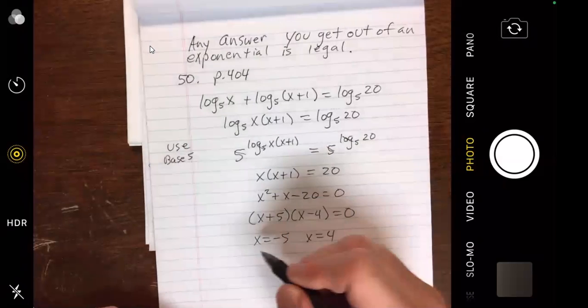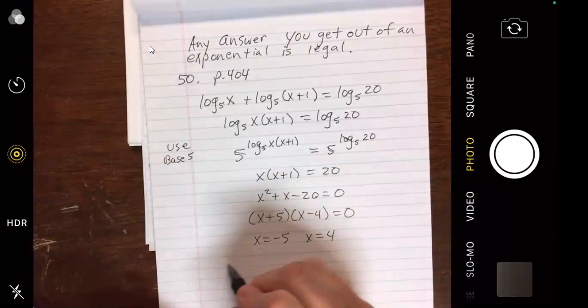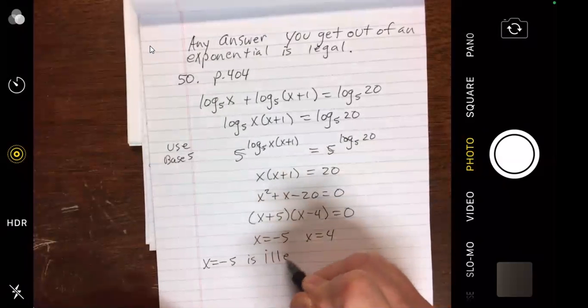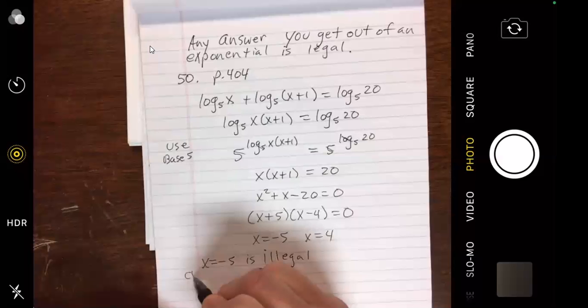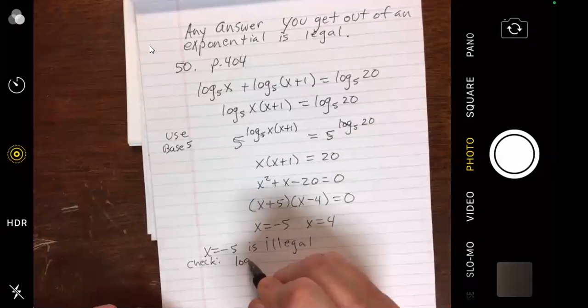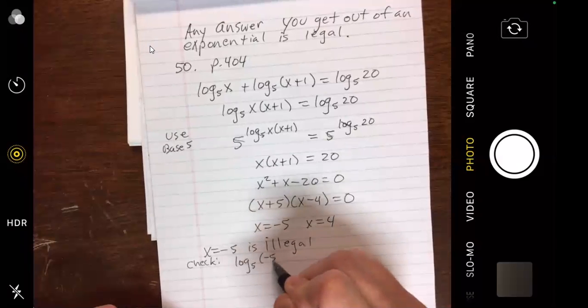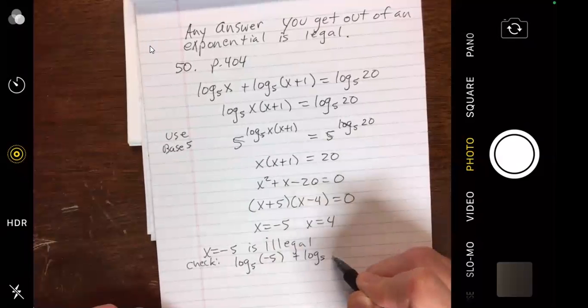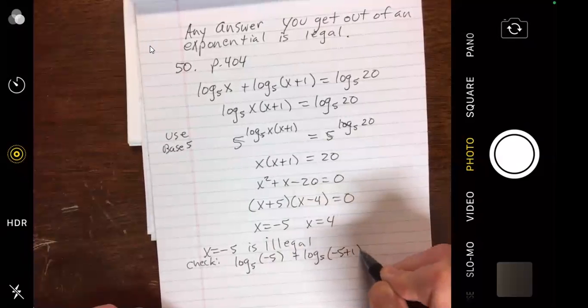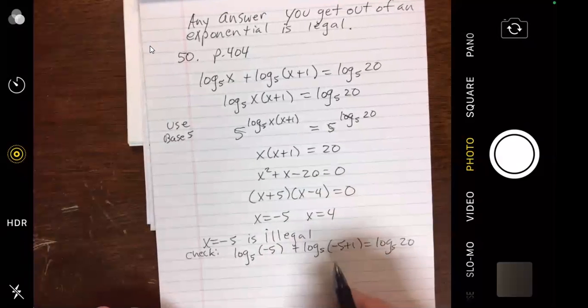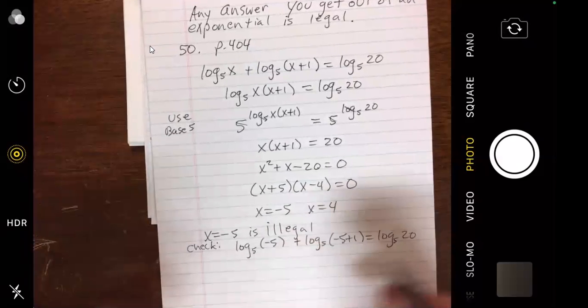And you can see right away, x equals negative 5 is illegal. If you check it, log base 5 of negative 5 plus log base 5 of negative 5 plus 1 equals log base 5 of 20. So you cannot get finite numbers out of these. They're out of the domain.